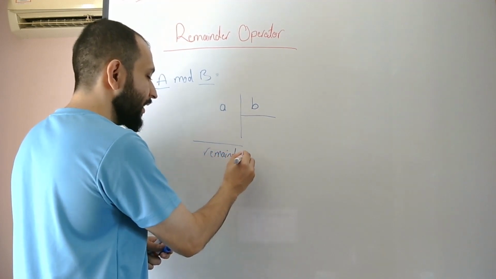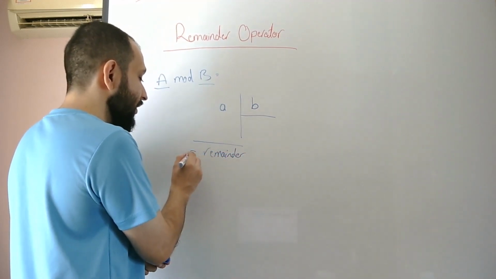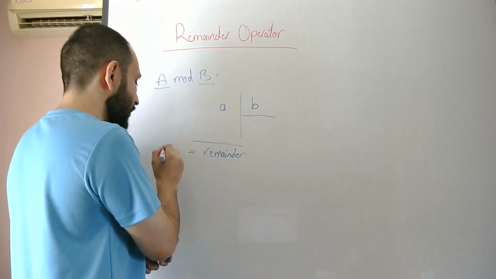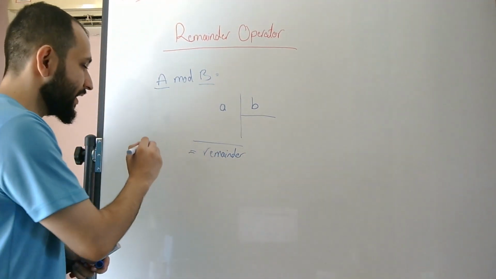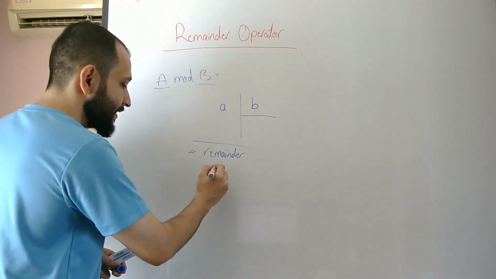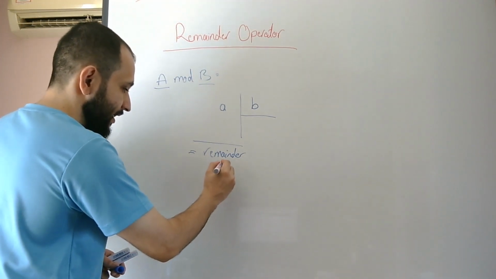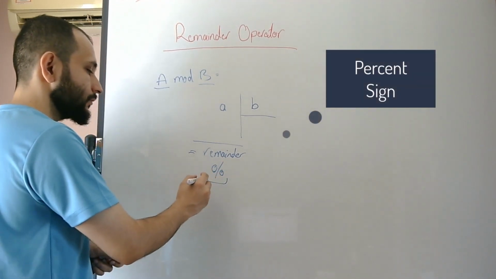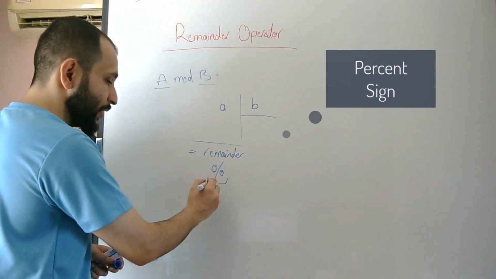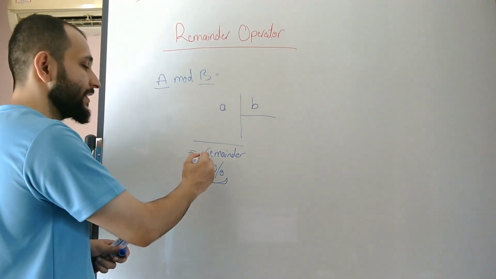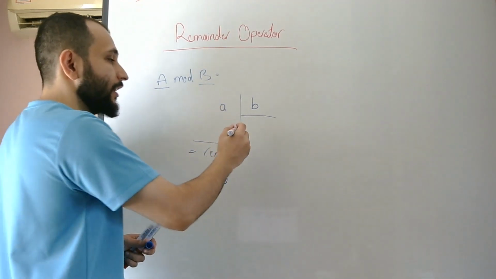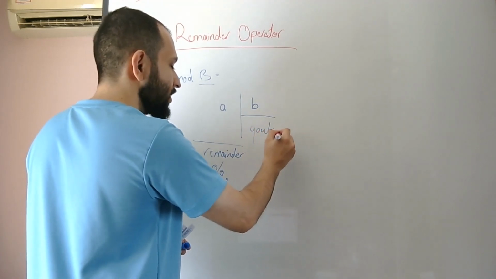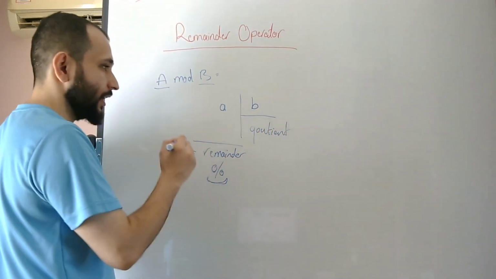So this is the remainder, and we can get it using the remainder operator or the mod operator. The mod operator in the C programming language is the percent sign, and then we also have the quotient in here. So this part is called the quotient, and this part is called the remainder.